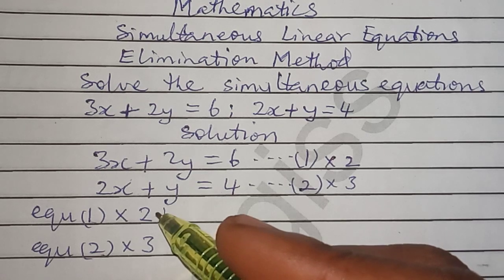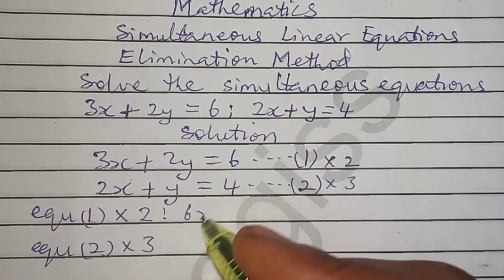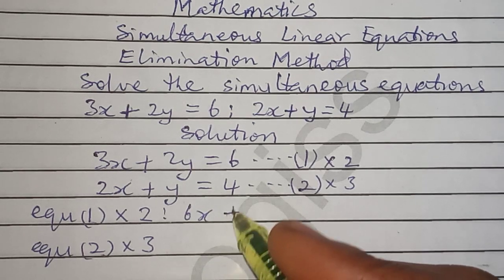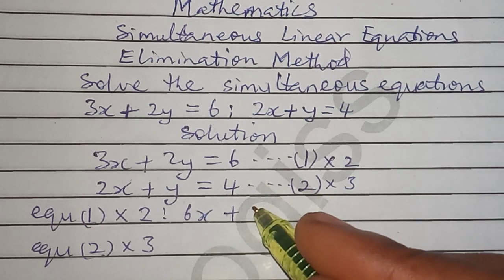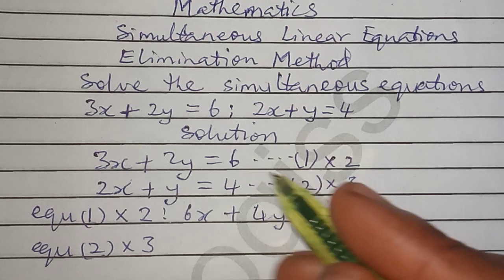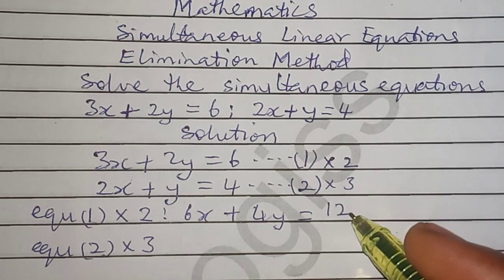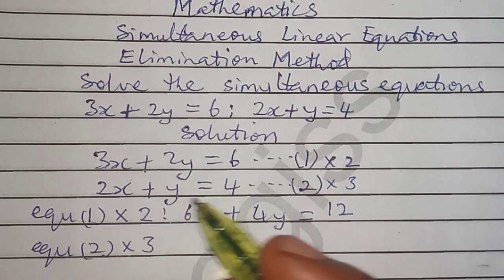So let's multiply with 2. 2 times 3x will give us 6x, plus 2 times 2y will give us 4y, equal to 2 times 6 will give us 12. Then we use 3 to multiply everything in the second equation.